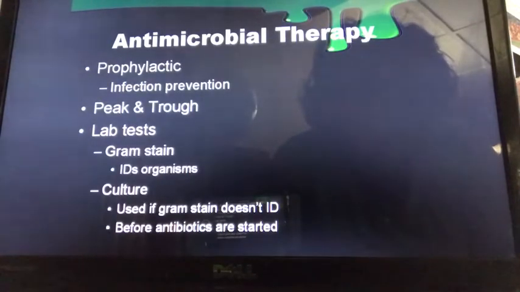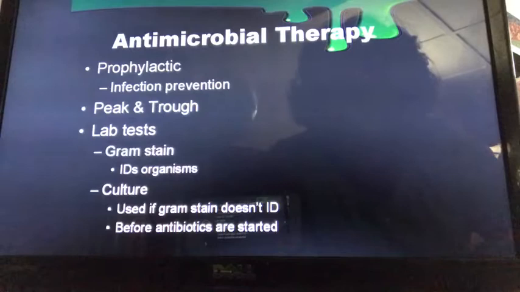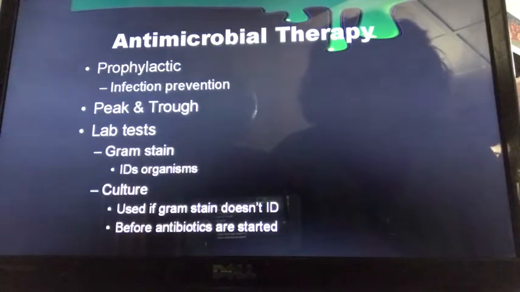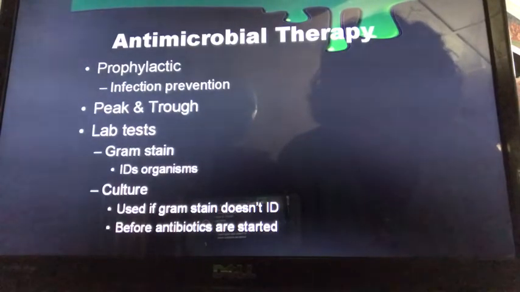Antimicrobial therapy can either be to treat an infection or it can be prophylactic, and prophylactic means that we're going to be preventing the infection. Peak and trough we'll talk about on another slide in just a second. Lab tests that are related to infection include peak and trough, gram stain, and culture.